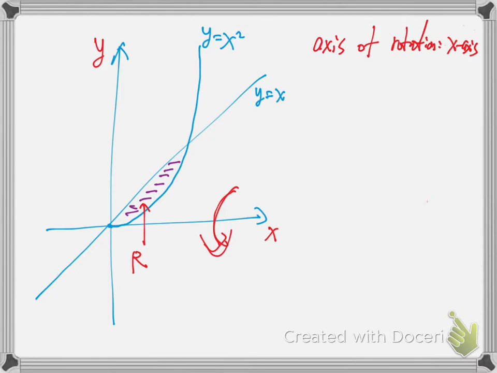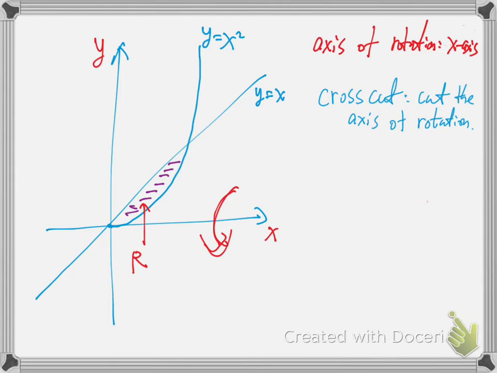So now what is a cross cut? A cross cut is a cut that will cut the axis of rotation. Let's write it down. Cross cut: we will cut the axis of rotation.